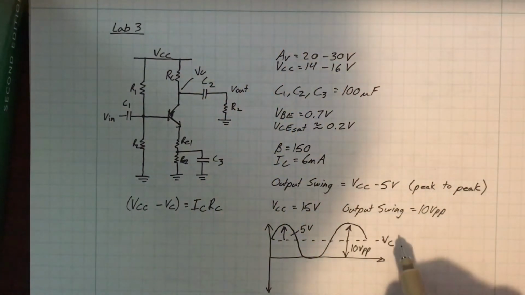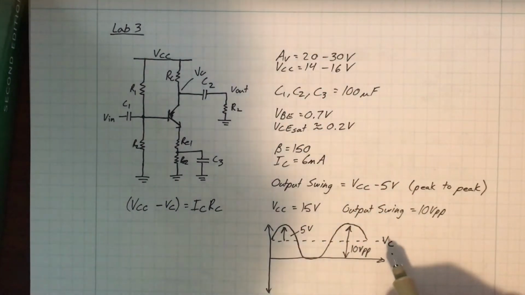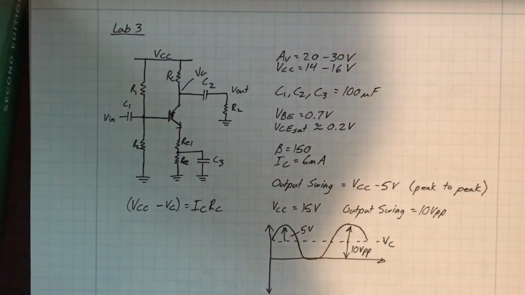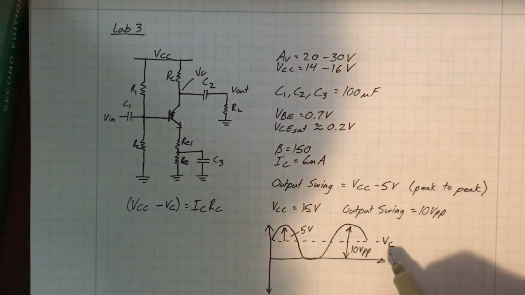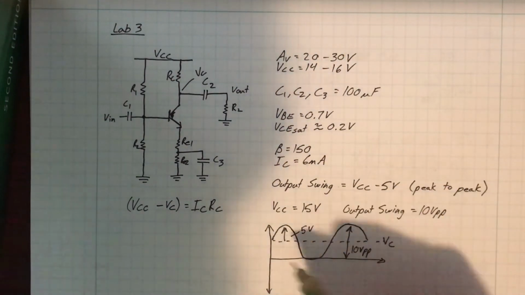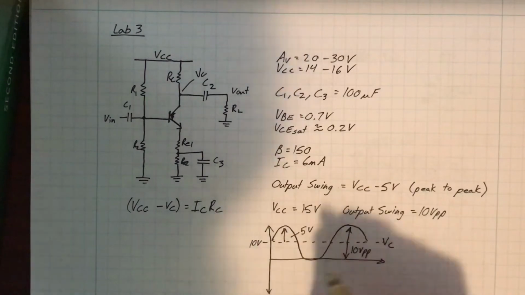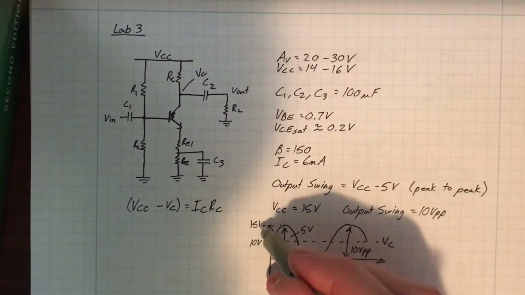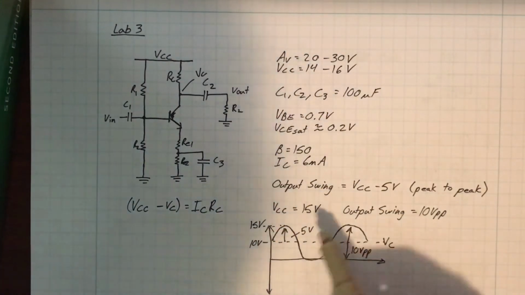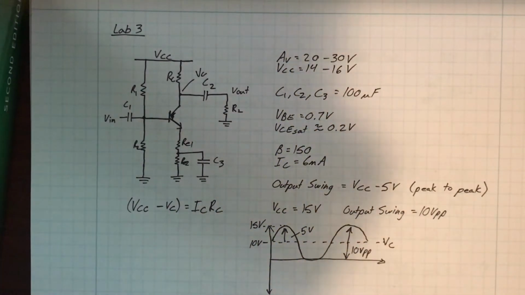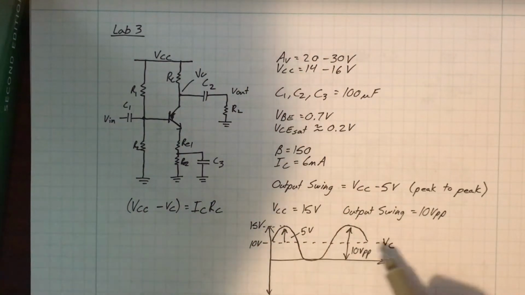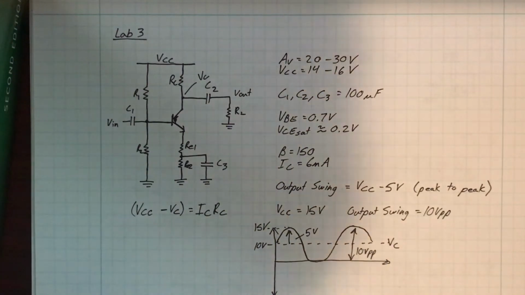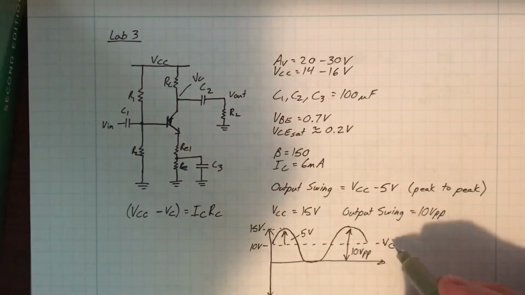So what is the maximum value of VC that we could choose in order to make that happen? Well, if we choose 10 volts here, then the peak would be 15 volts, which is just at our supply voltage in the case that I'm talking about. So that is the highest value of VC that would get this amplifier to swing 10 volts peak to peak. So really you'd probably want to put this a little below that.